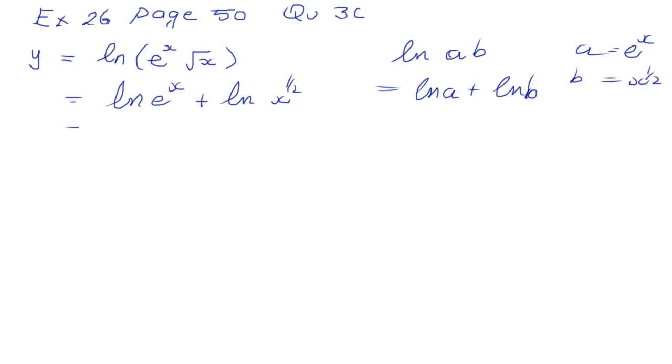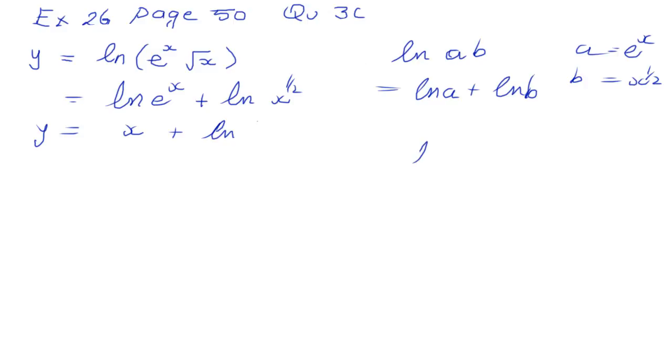And immediately that simplifies, because natural log of e to the x, exponential and natural log are inverse operations. So that will simplify to x plus natural log of x to the half. But again, that is a separate log law.